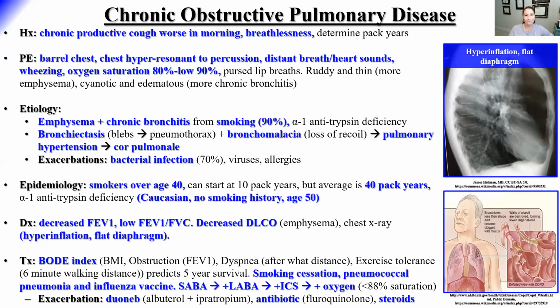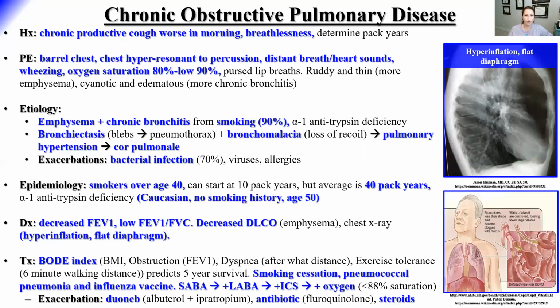This is more an emphysema type patient, whereas cyanotic and edematous is more of a chronic bronchitis type of patient. So there's two distinct types of patients, more emphysema, more bronchitis. Think red and thin is more emphysema, blue and edematous is more bronchitis. Typically we see this in smokers over the age of 40, and these symptoms of COPD can start at 10 pack years.